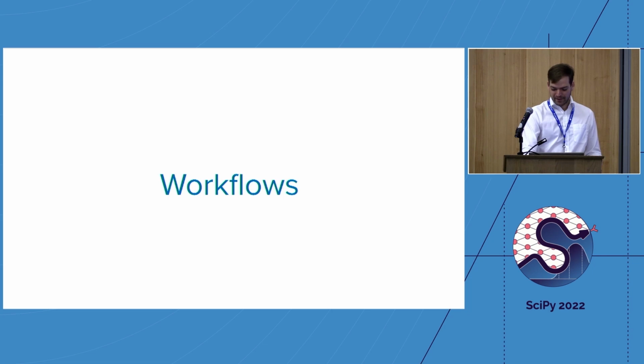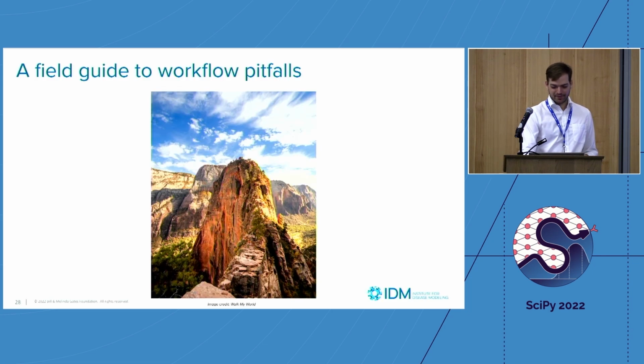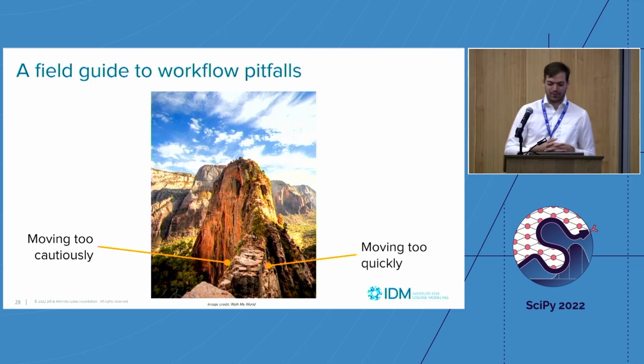Okay, so just to close up, I'd like to talk a bit about some different workflows. There are lots of pitfalls, and I think we fell in every single pit. One of the big challenges we had was between moving too cautiously and moving too quickly. IDM is a pretty big organization.